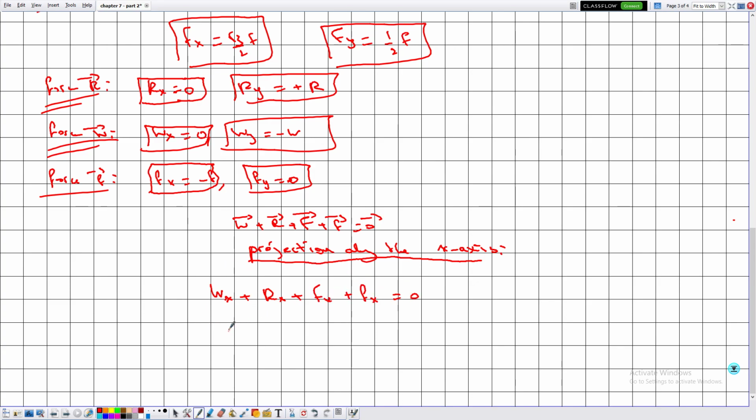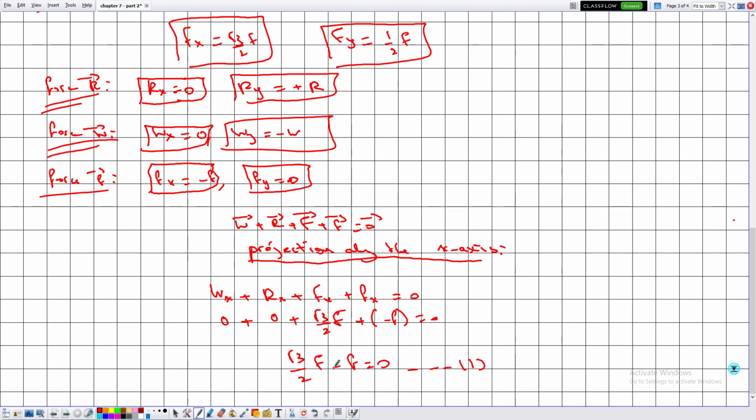Now Wx is 0, Rx is 0, plus capital Fx, which is radical 3 over 2 F, plus small fx, which corresponds to the magnitude of the force of friction. So in this case, root 3 over 2 capital F minus f is equal to 0. So this is the first equation.